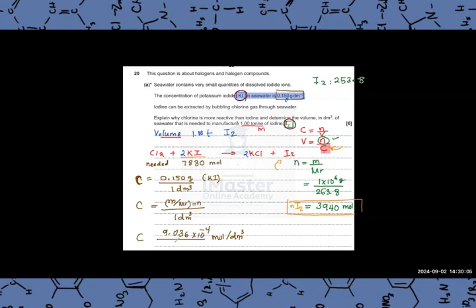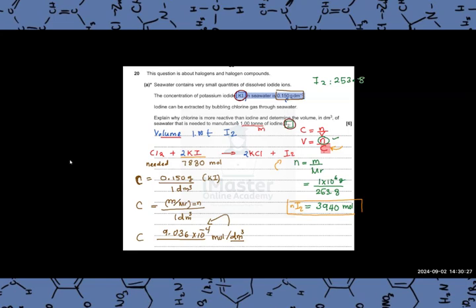So if you realize that's the concentration of Ki in mole per dm cube. Okay. So in 1 dm cube water, we have this much amount.